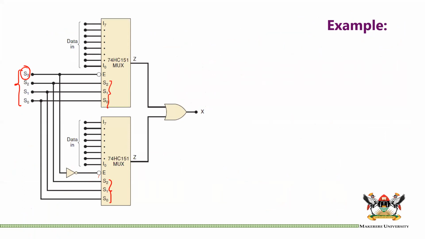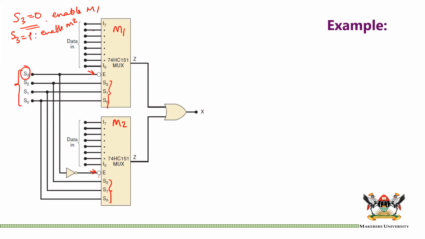Now if you notice here, our S3 goes into here, and in this case, it is inverted. That means that whatever value S3 has, it will enable one of these multiplexers and disable the other IC. So for instance, I'm going to call these M1 and M2. If S3 is 0, a 0 going into this bubble will enable M1, but now it is inverted, meaning it disables M2. If S3 is 1, enable M2.